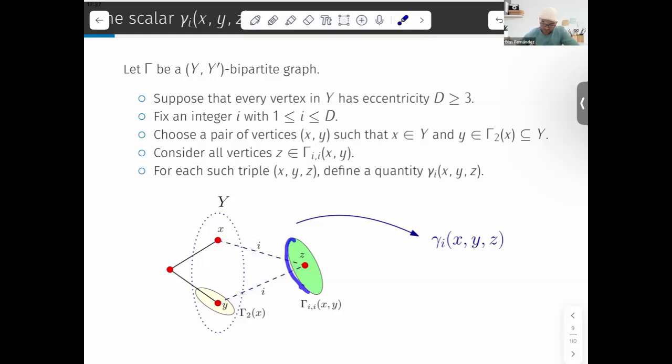All these vertices are in the set gamma i of x, y. Whenever we have this triple of vertices x, y, and z, where x is in Y, y is at distance 2 from x, and z is at distance i from both x and y, we define a scalar that we call gamma i of x, y, and z. So for each such triple, we will define a certain scalar gamma i.